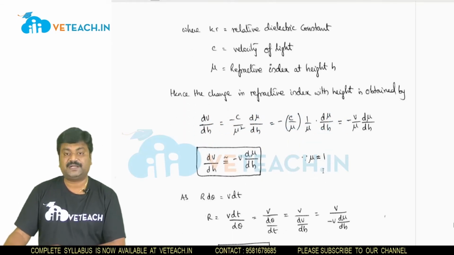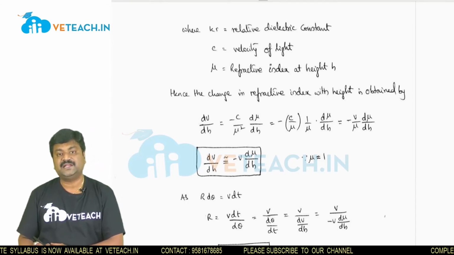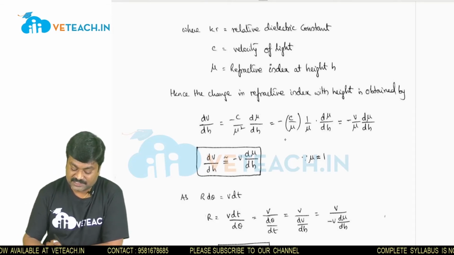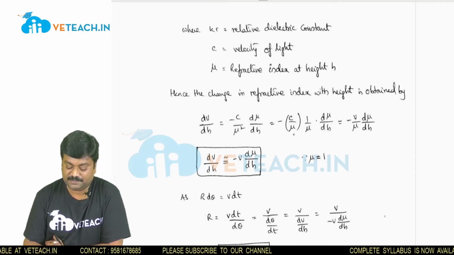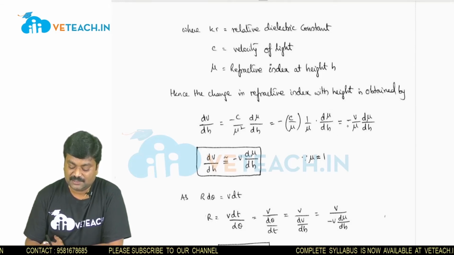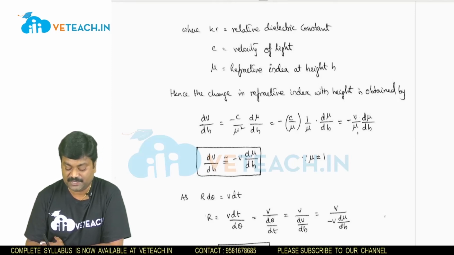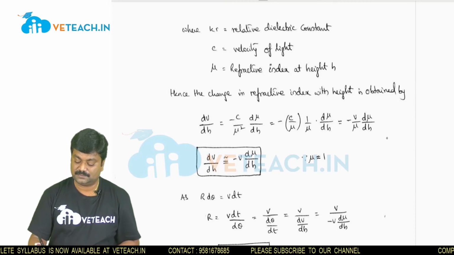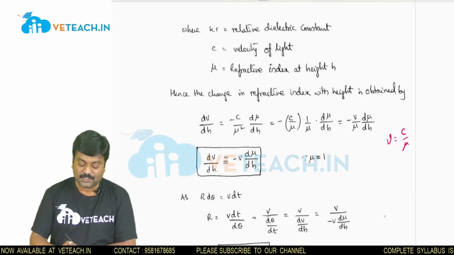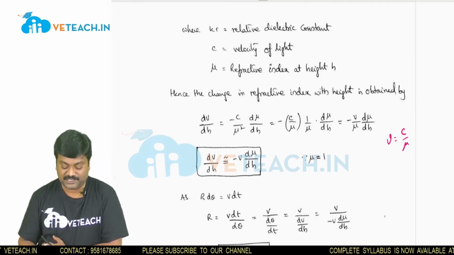So the change of velocity with height is obtained by dV by dH equal to minus C by mu square d mu by dH, where I will be separating this C by mu square as C by mu into 1 by mu into d mu by dH, which I will be calling minus V by mu, because C by mu is nothing but V. So minus V by mu d mu by dH. So V equals C by mu, and substituting here, I will be getting that dV by dH is approximately minus V d mu by dH.